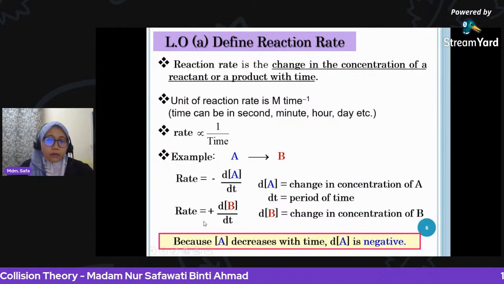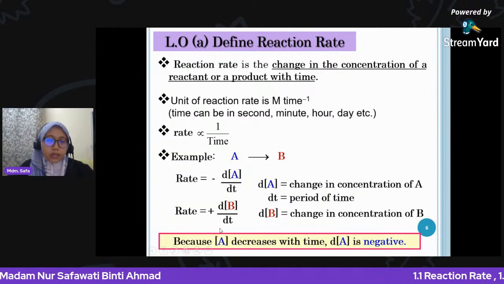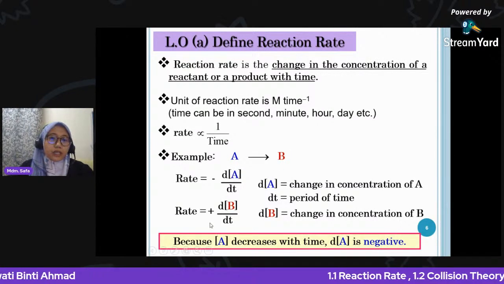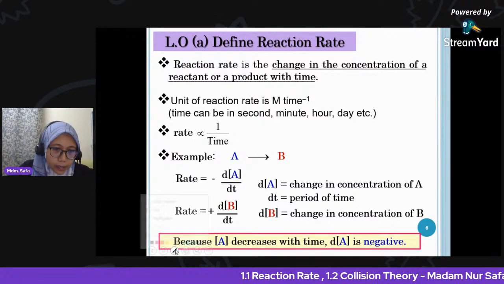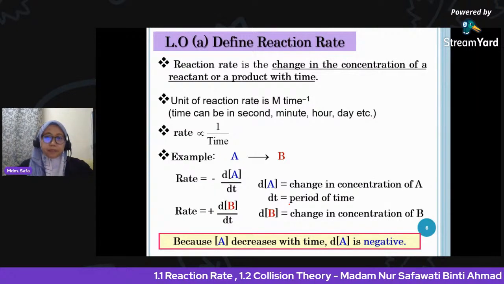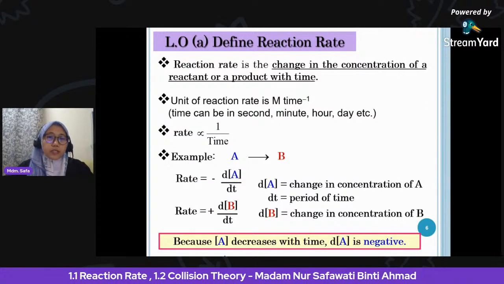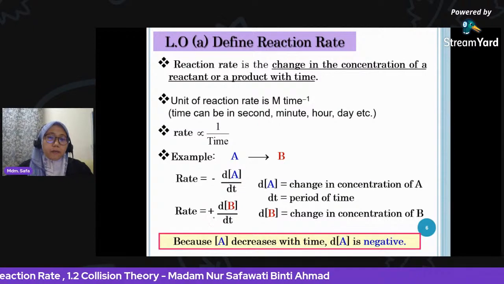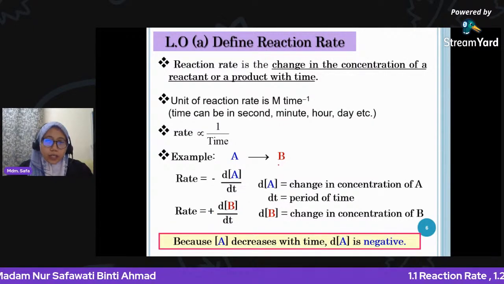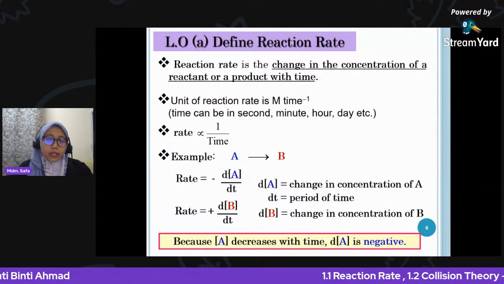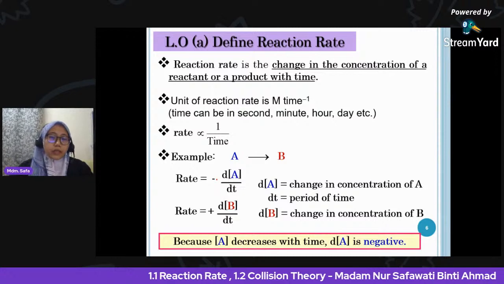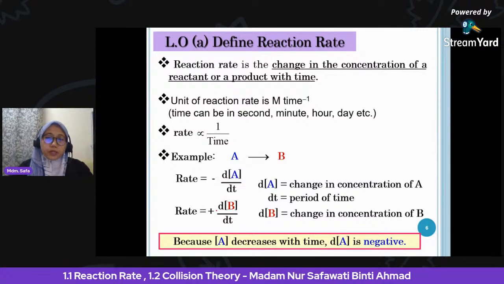The rate for B is equal to positive dB over dt. You must put the positive sign for the product. If there is more than one product, we put positive for all, and for the reactant we must put the negative sign. The product increases, that is why we put positive.